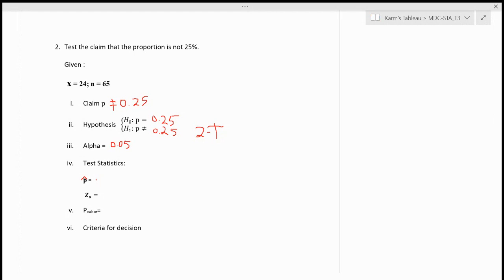What did you guys get for p hat? 0.37, thank you.